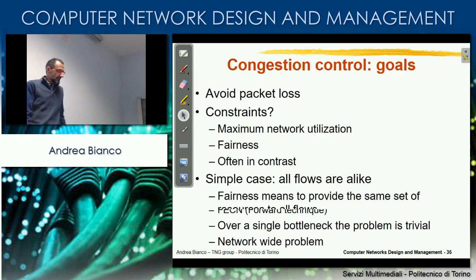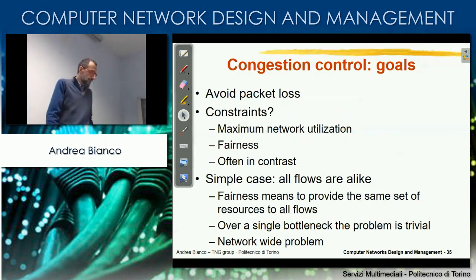Okay, before we look at some of the details, let's suppose that we want to solve the congestion control problem. So which are our goals? Well, informally speaking, we would like to avoid packet losses. It's not true that we would like to have empty buffers. This is not our goal. Actually, if you want to have a significant link utilization, the buffer should never be empty.